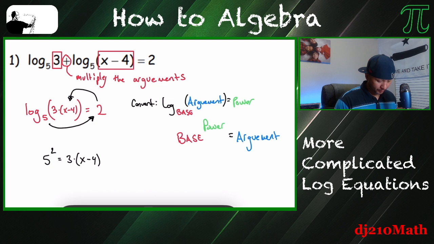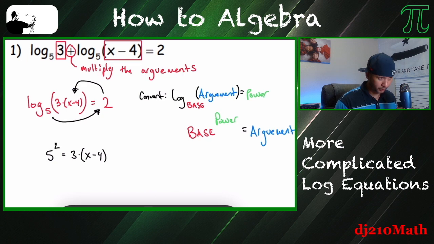Okay. This is a one variable problem, which we should all know how to do at this point. 5 squared is 25. We distribute the 3. And we solve for x.